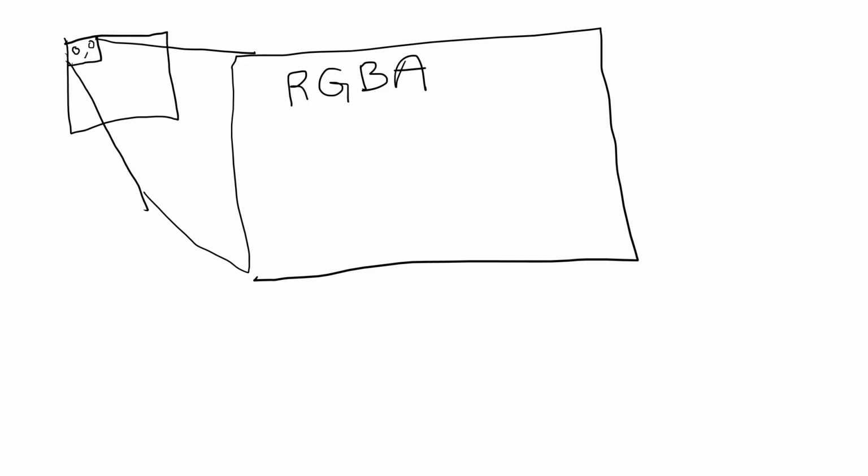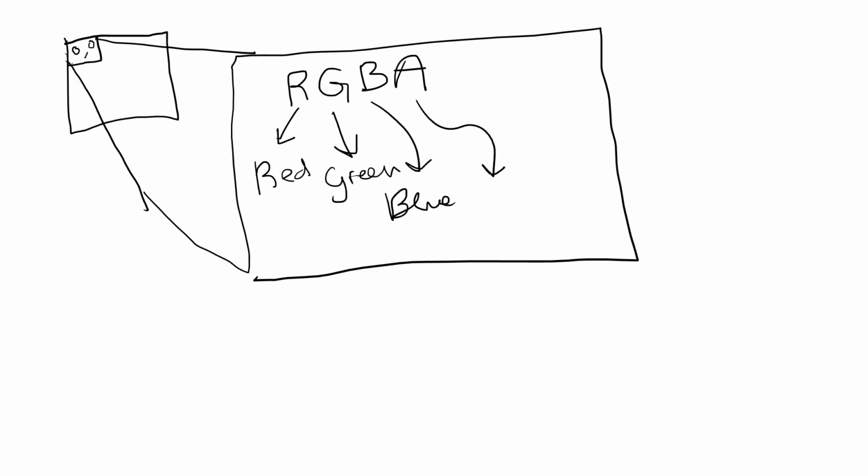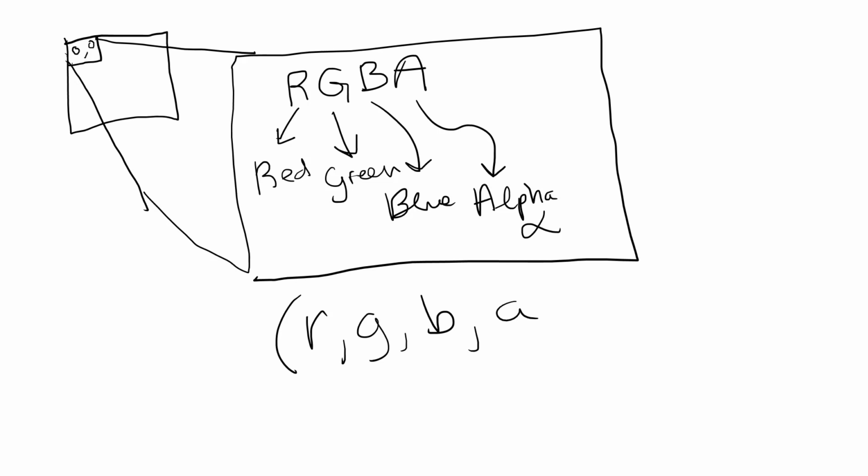And this, again, is the red component. This is green. This is blue. And this is alpha. And essentially, this is a tuple R, G, B, A, and each of these values can range from 0 to 255.